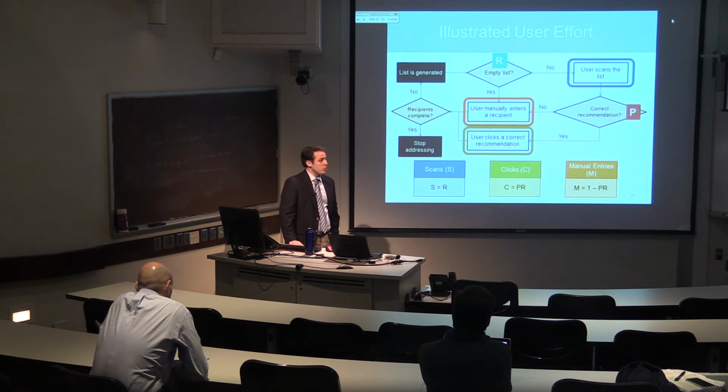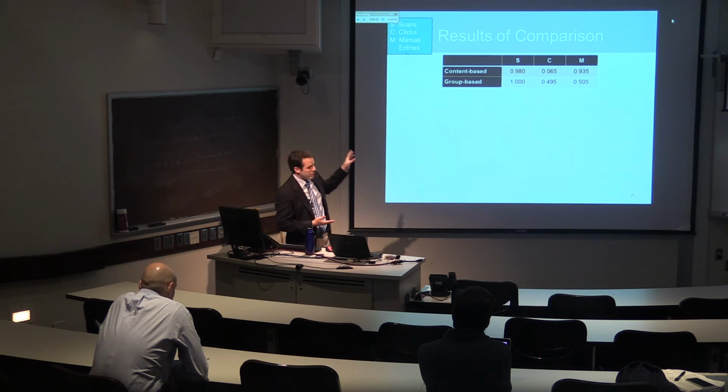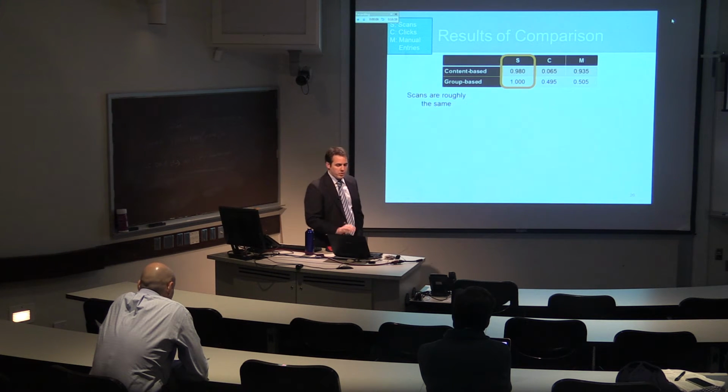So M is equal to 1 minus C, or 1 minus P times R. We then can compare our content-based and group-based approaches with these scans, clicks, and manual entries. And we see that scans are roughly the same across the two approaches.